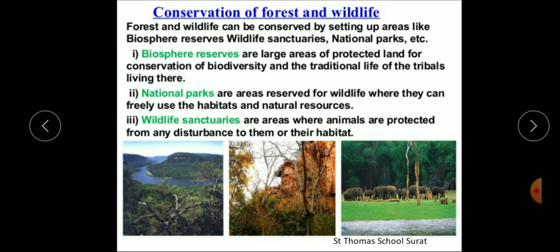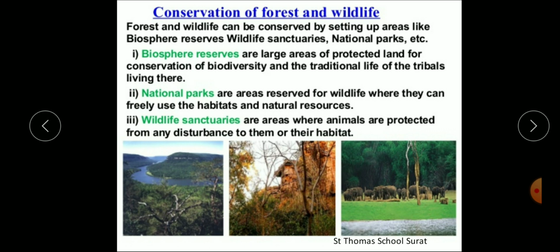These protected sites are natural areas that allow native organisms to flourish, and all kinds of human intervention leading to the destruction of habitats are removed from this area.